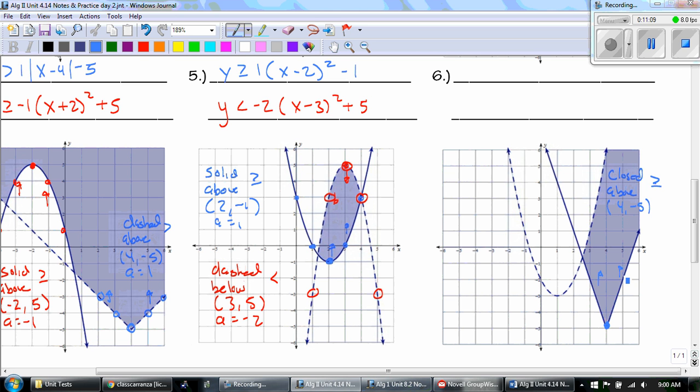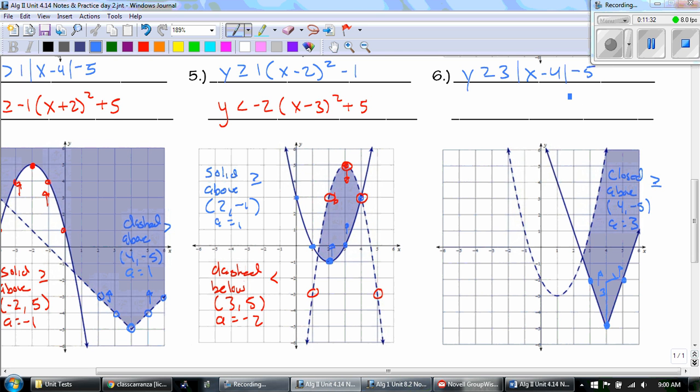And then to try to find a point, there's one right there, there's another one, and to get there we go up 1, 2, 3 over 1, so that is a 3. So we have y is greater than or equal to 3 absolute value of x minus 4 minus 5.